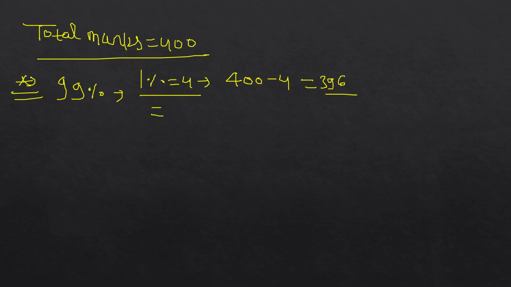So 396 is the total marks the student gets in all 4 subjects, but we have to find out in how many ways he can get 396. Here is one very important property or concept: the number of solutions. We can solve with the help of this, with the lost number.